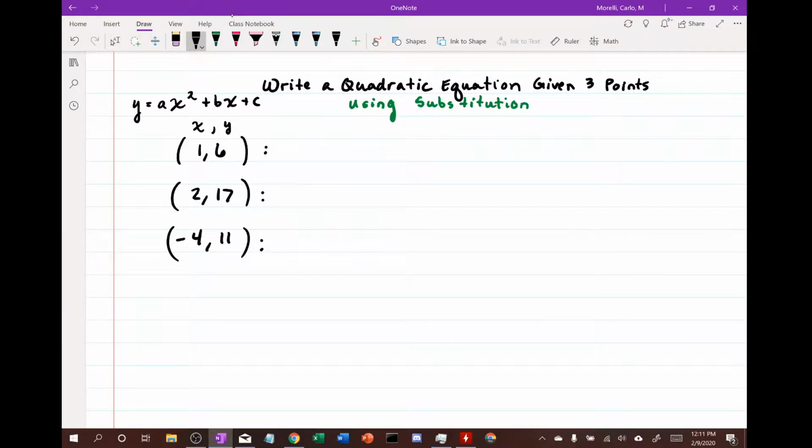My y value in the first coordinate pair is 6. So modeling it after y equals ax squared plus bx plus c, I have 6 equals a times 1 squared plus b times 1 plus c.